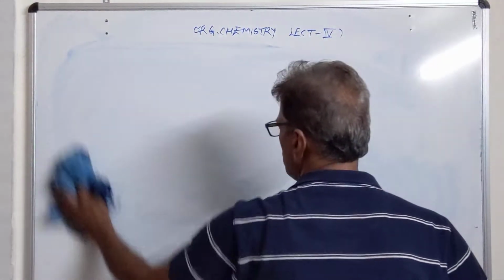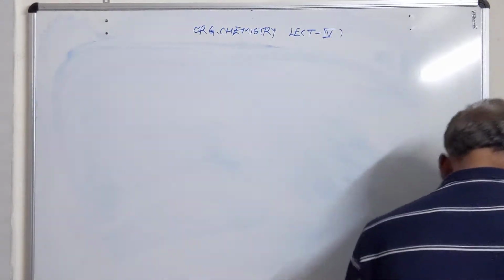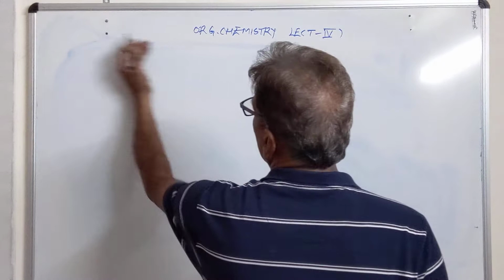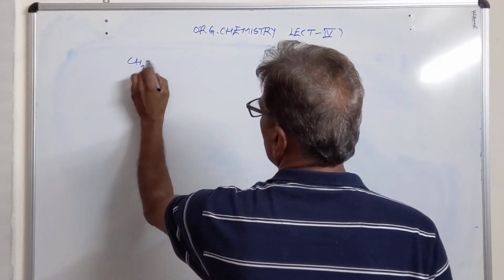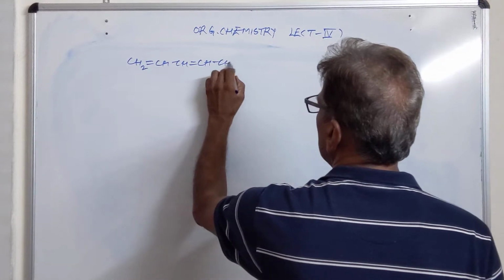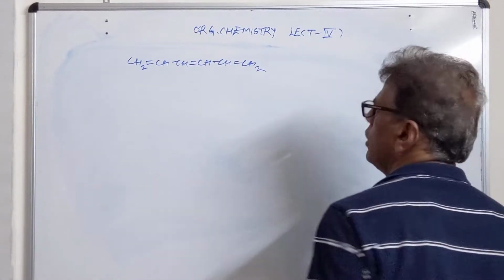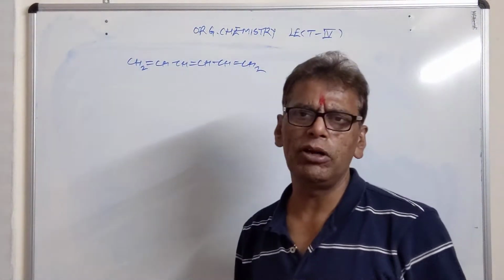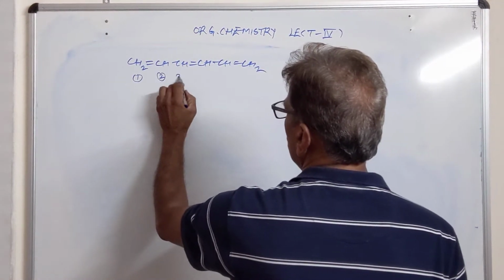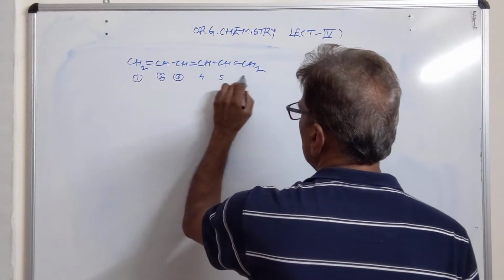Let us name some compounds which are having 2 or more double bonds. For example, we have this CH2=CH, CH=CH, CH=CH2. Now this system contains 3 double bonds. So number it from any end, we will get the same sum.